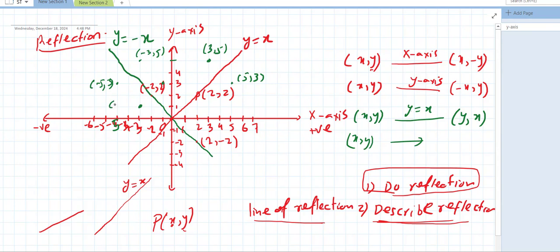For example, this point was minus 3, 1. After reflection, the point will become 1, minus 1, 3. So you can notice this is going to flip without changing the sign. So flipping would be there for y is equal to minus x. Okay. Now let's take some examples, and then I will come to these rules also in details.